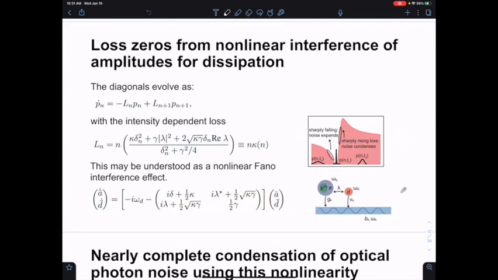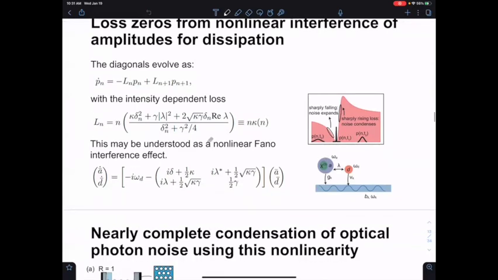And you might imagine that those relative interference amplitudes actually depend on the detuning between A and D. But the detuning depends on the photon number in A. So whether you have constructive or destructive interference depends on the number of photons in A. And that's exactly what this form of the temporal loss coefficient is saying.